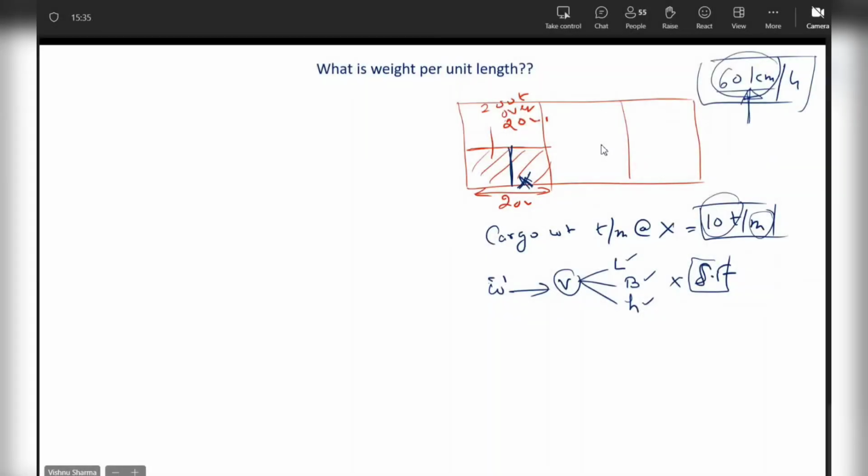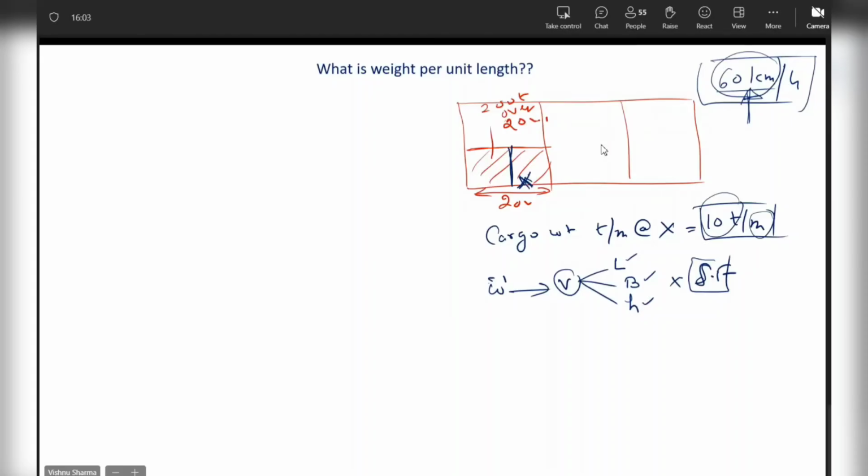When we say that the weight of the cargo per unit length will depend upon these things, what does it actually mean? It depends on the length of the cargo, the breadth of the cargo, the height of the cargo, and the stowage factor.